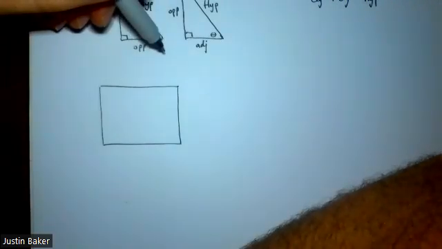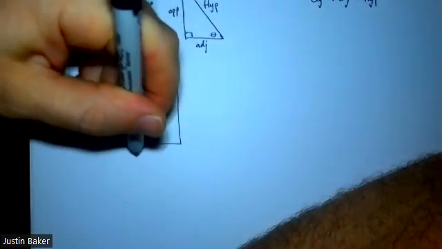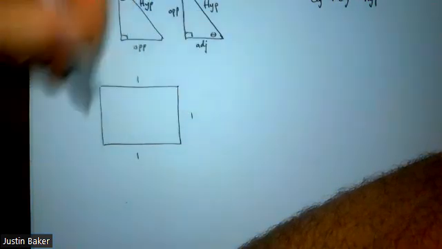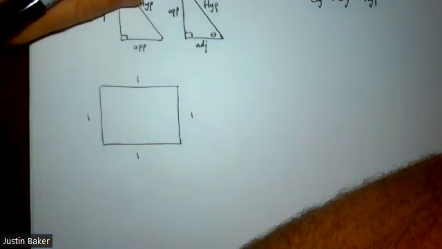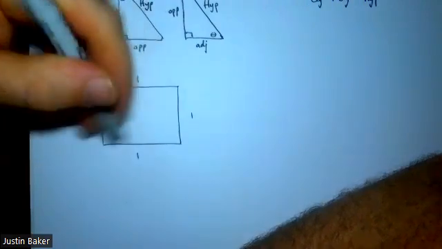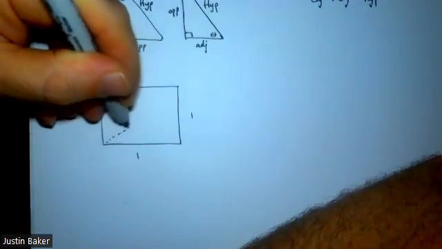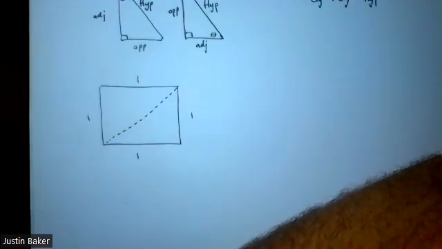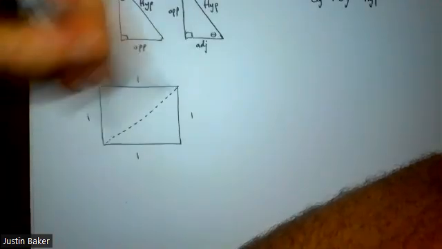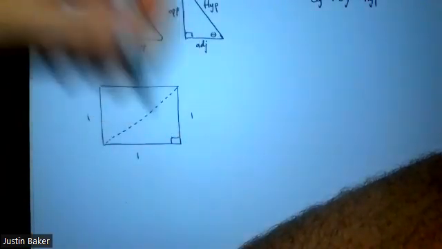And if we say that it's a square, so all the side lengths in this square are 1. And if I chose to, I could cut this square in half diagonally, and now we've made a right triangle.